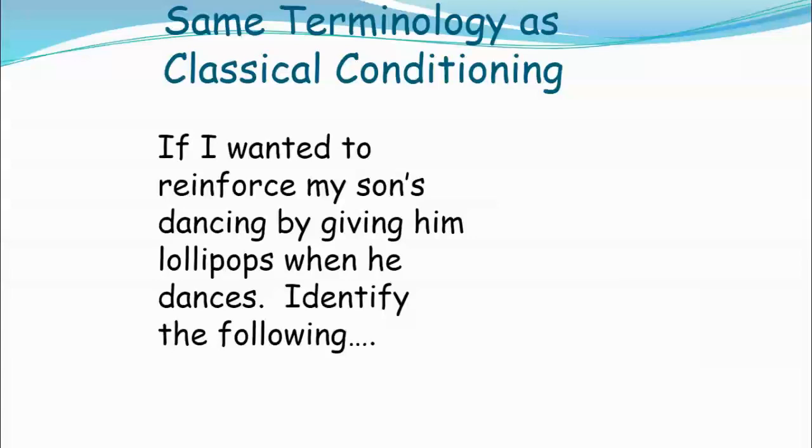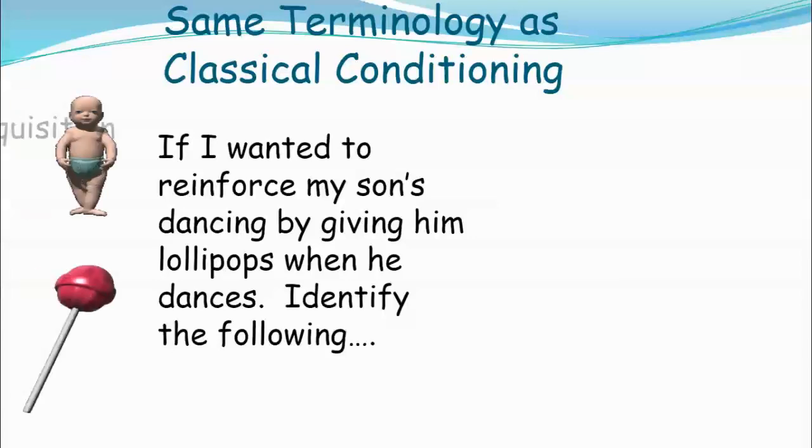Okay, so in classical conditioning, if you remember, we had some very specific terminology. Well, basically, operant conditioning has the very same terms. So if I wanted to reinforce my son's dancing by giving him a lollipop when he dances, identify what the following would be. Acquisition. If you remember, acquisition is the process of connecting all of the dots, right?